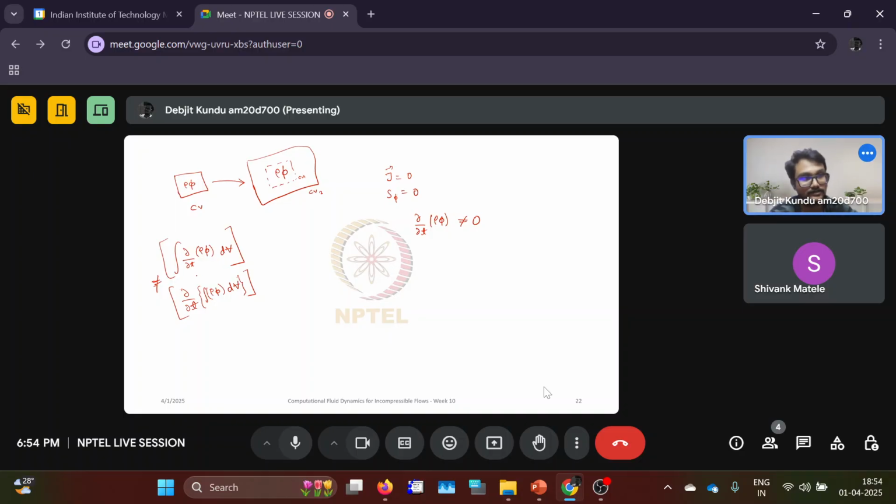You cannot make this jump. This is not allowed. That's what I want to understand. Why? Yeah, that was the thing. So if these things are zero, the flux and source and everything else, then this should have been zero as per your equation, as per the conservation equation.